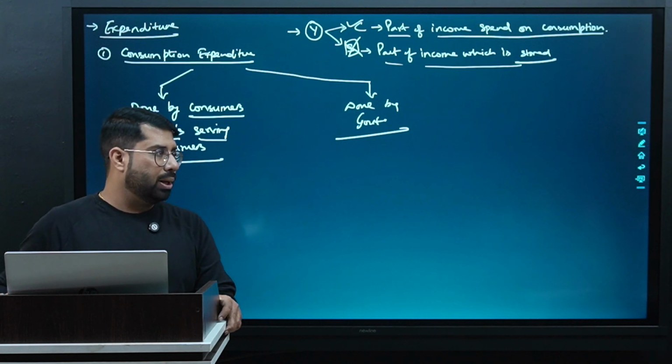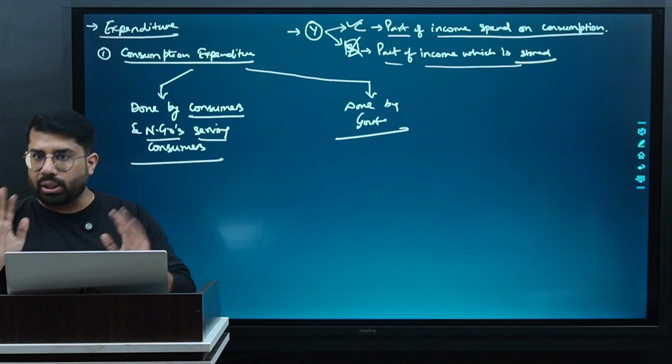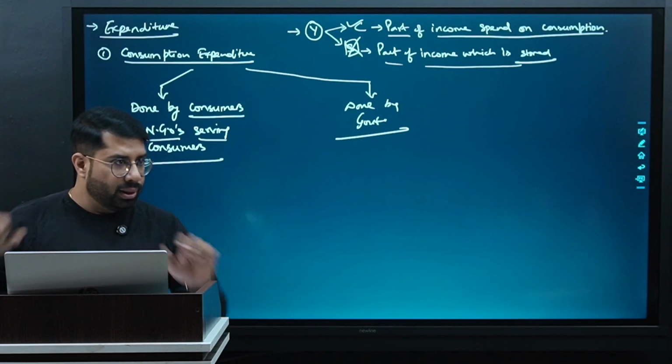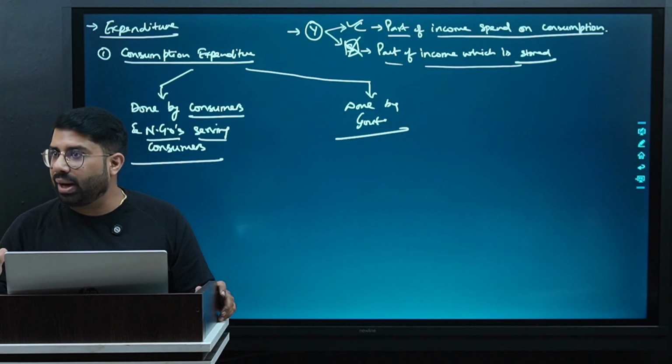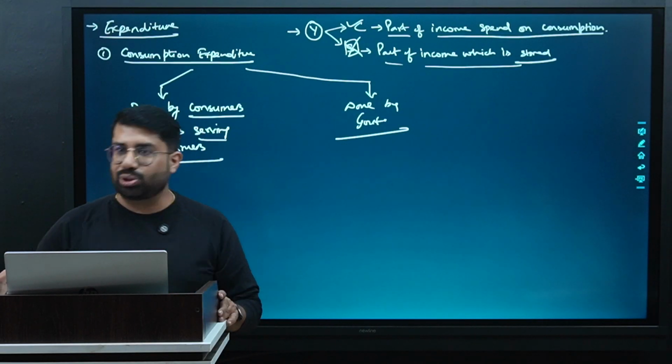In that case, beta, in the market there are many NGOs, non-government organizations, which are working. They spend money. You might have seen on Instagram reels that people were distributing food, people were distributing clothes. Yes or no?